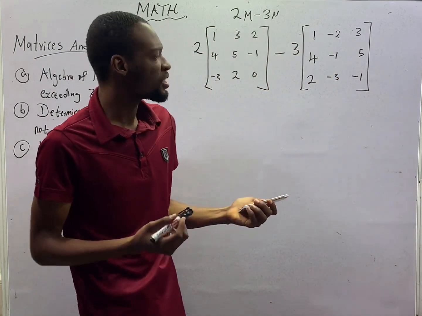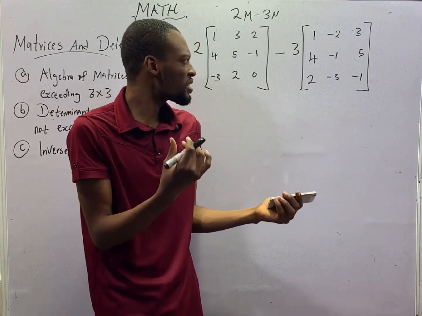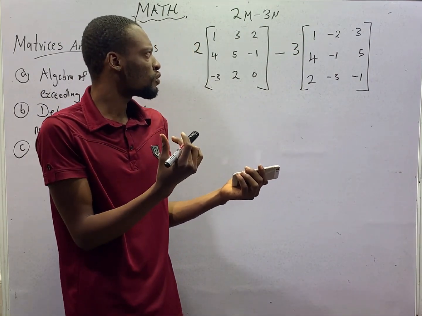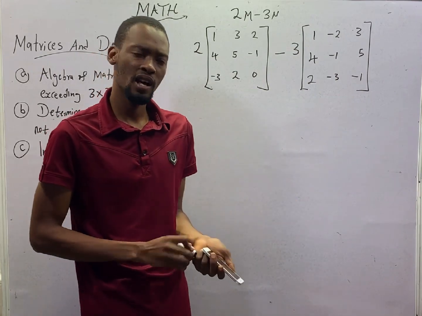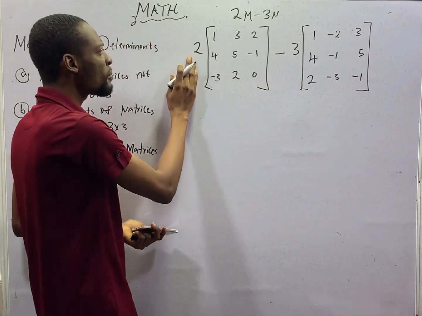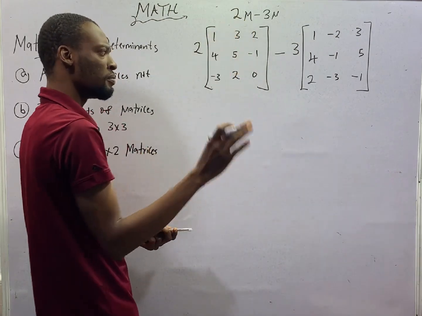To multiply a matrix by a single number, irrespective of whether it is 3 by 3, 2 by 2, whatever, the same law applies. You use the single number to multiply each of the elements of the matrix.